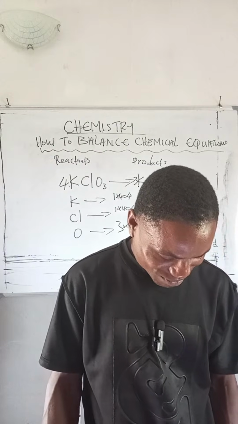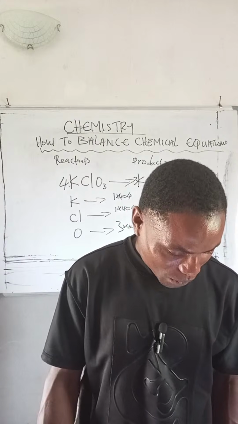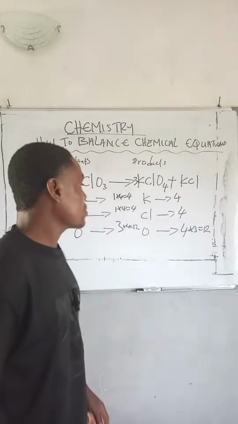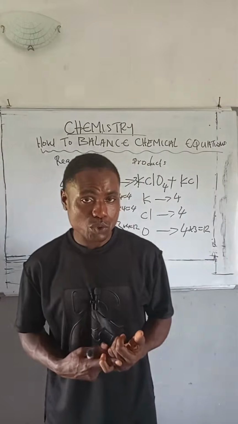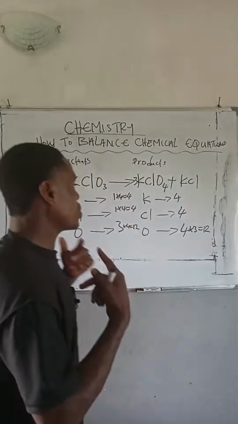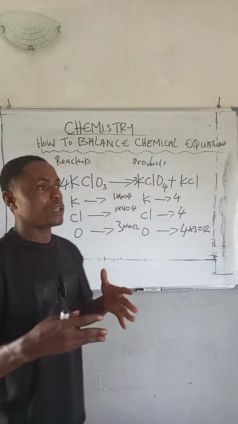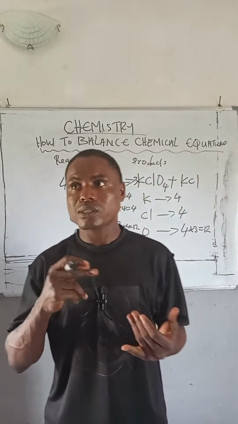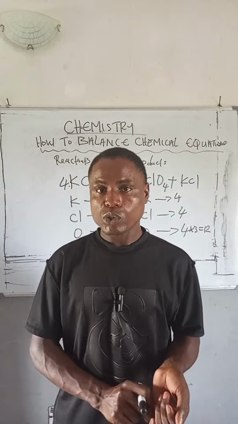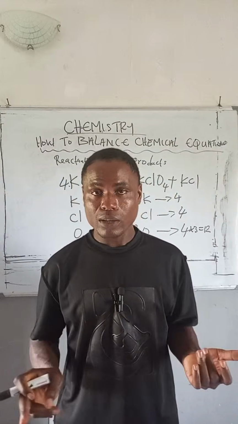So what you should understand is that in most chemical equations, it's not compulsory that you must start with 2. That's why before you start balancing, just try and think on what number to introduce first, because in most chemical equations, if you start with 2, the equation will not be balanced. If you start with 3, it will not be balanced.